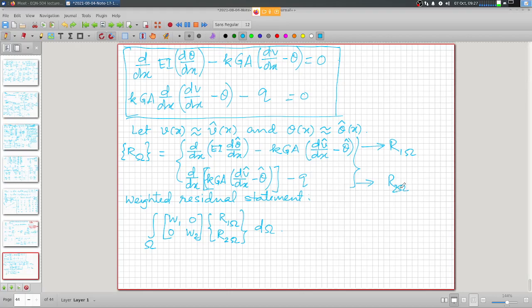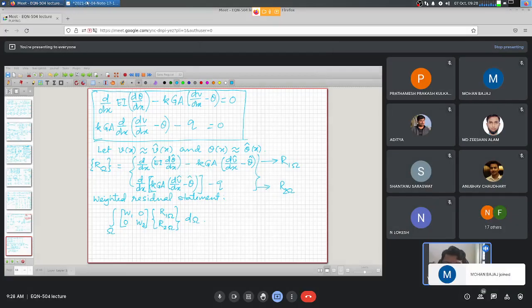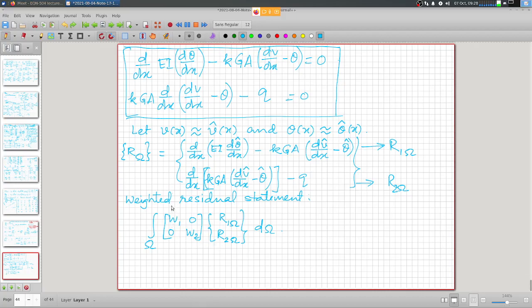So very natural. When you have a vector, obviously it can only be pre-multiplied by a matrix to generate another vector, and that is what you do. The weighted residual statement is arrived at by multiplying by the weighting function. Now the weighting function is not a single function, it will be a set of two weighting functions arranged in a diagonal matrix.